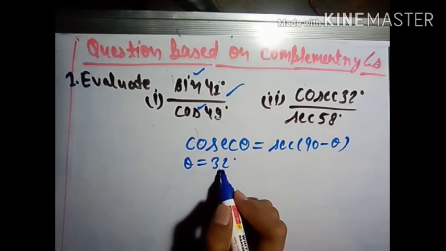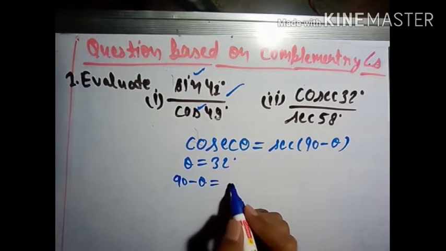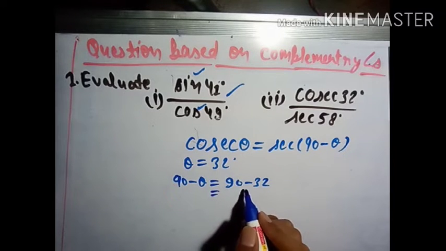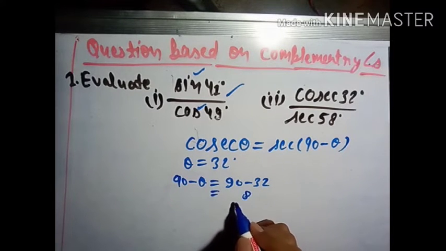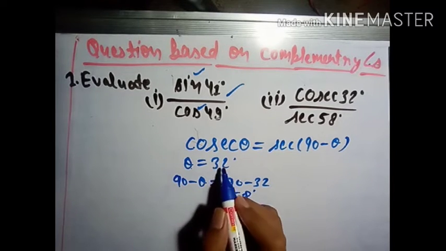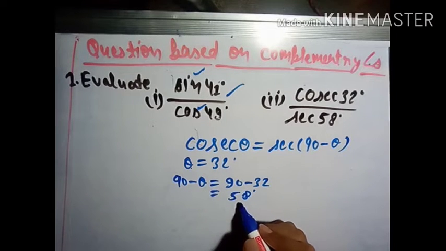So what will be its complementary pair? Good, 90 minus theta. You can write it as 90 minus 32. So subtract it quickly. 10 minus 2, 8. 8 minus 3, how much? 5. Good, 58. Now in the place of theta you will put 32. In the place of 90 minus theta you will put 58.